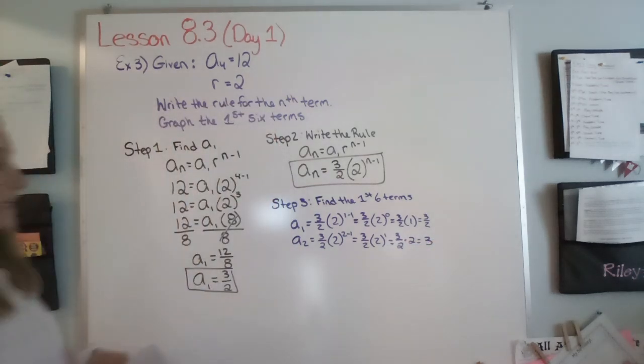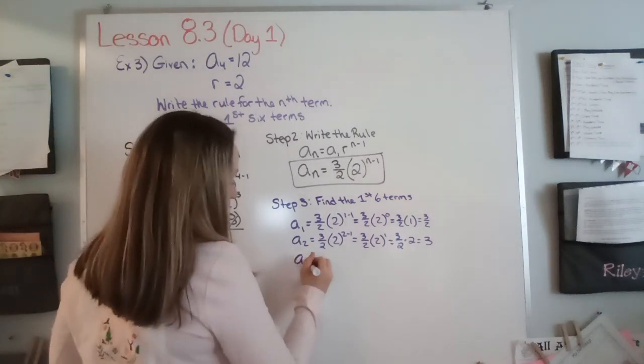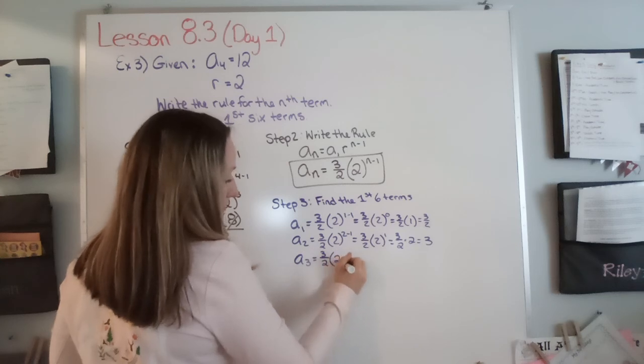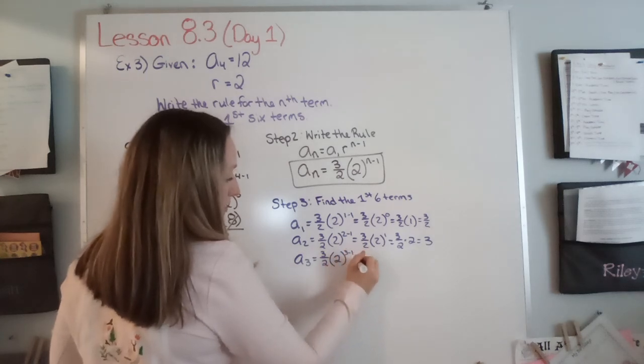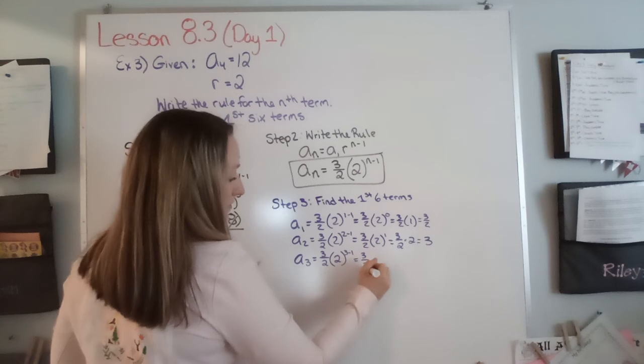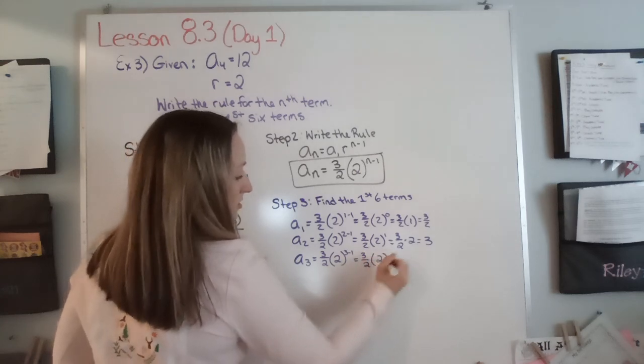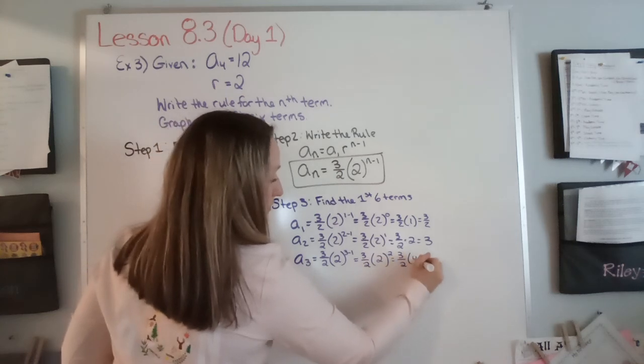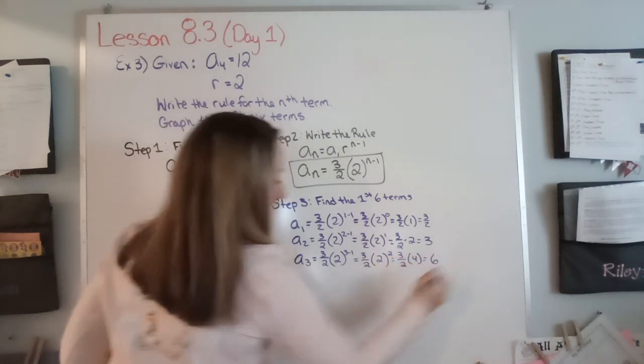Okay, and you're going to keep on going. The third term, 3 over 2 times 2 raised to 3 minus 1. So it's 3 halves times 2 squared. That's 3 halves times 4, which is going to give you 6.